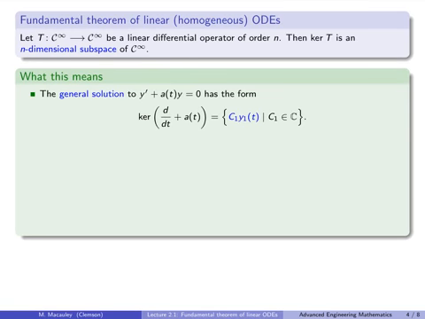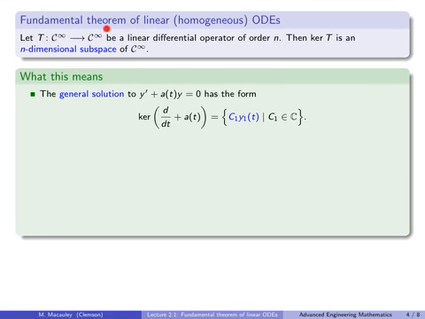Now, here's what this all means. First of all, let's just assume that our functions are complex valued, so I'm just omitting the C that goes right here. In the first order case, the general solution to an arbitrary first order linear homogeneous ODE like this is the kernel of the corresponding linear differential operator, d/dt plus a of t.